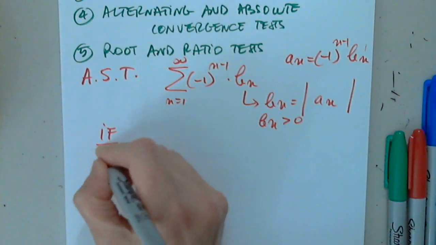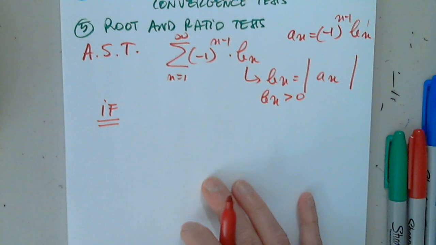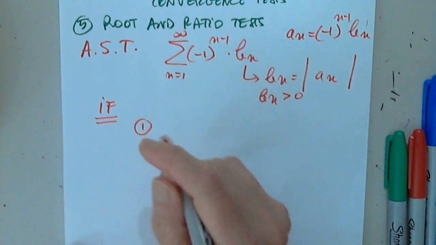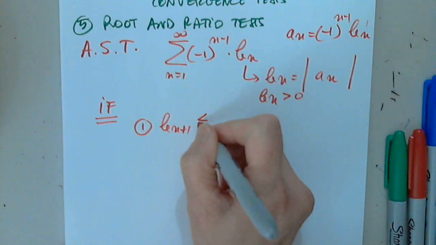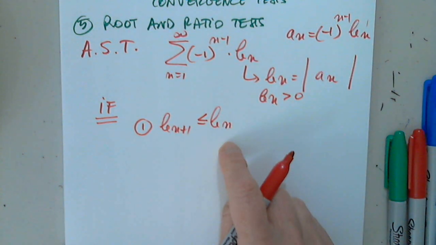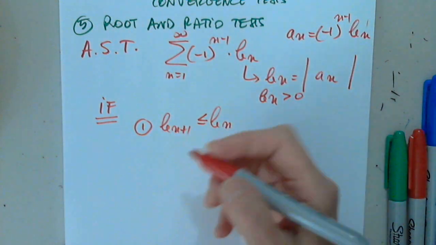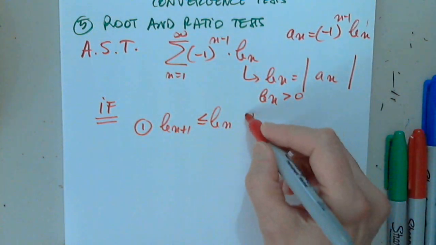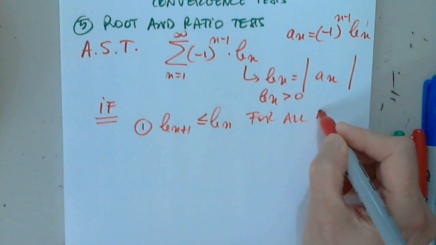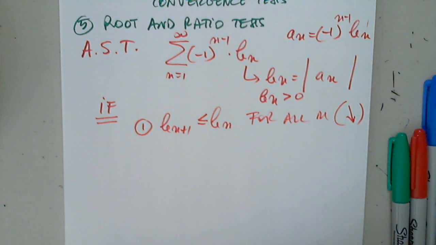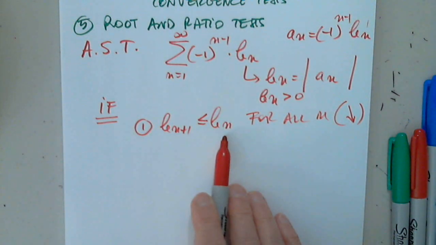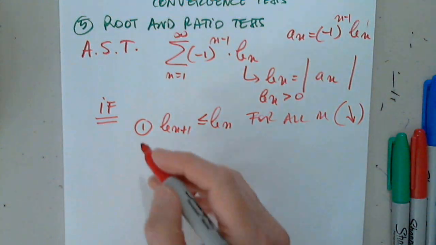Assuming the following conditions are fulfilled. Condition number 1: the n plus first term is smaller than the term before, for all n. In other words, we're talking about a decreasing series, so the next term will always be smaller than the previous one.